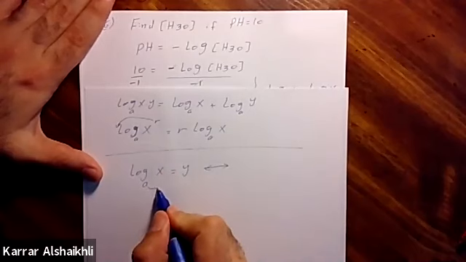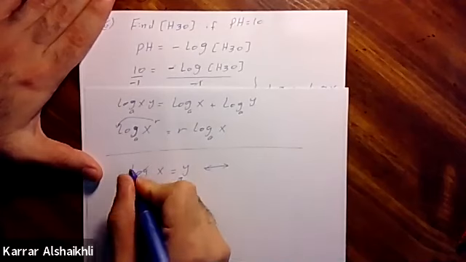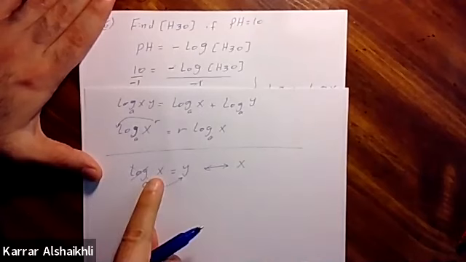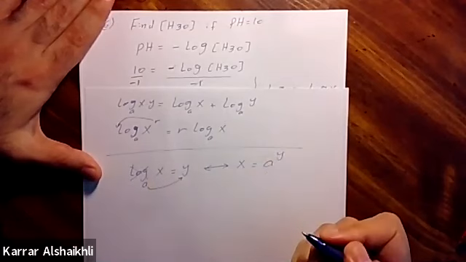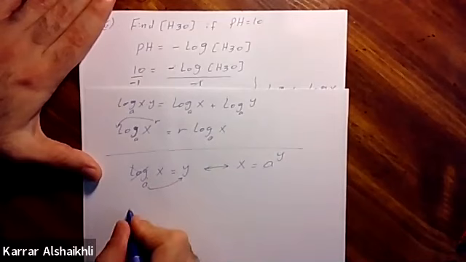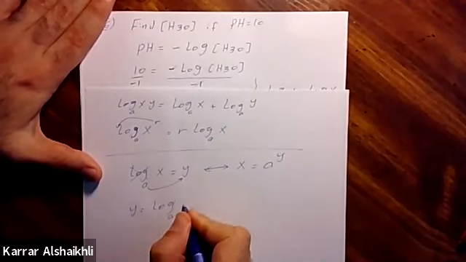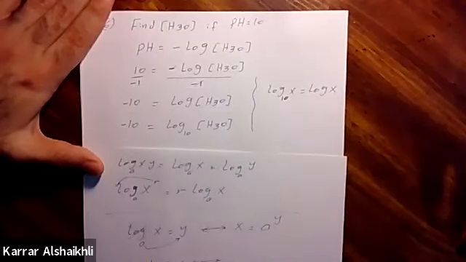By moving the base to the other side. When I move the base to the other side, I cancel the log. The leftover here is the x, and the other side is going to be a to the y. So this one is written like this: y equals log to the base a of x, which is the same thing here. Y is -10, log to the base 10, and here's the x.